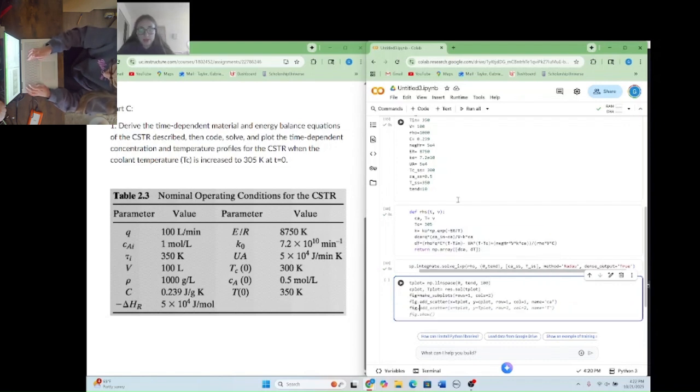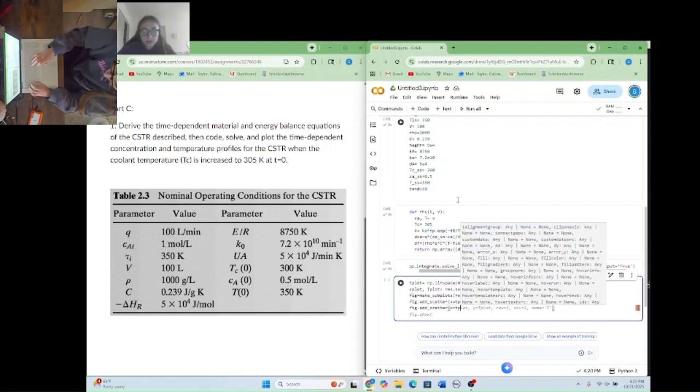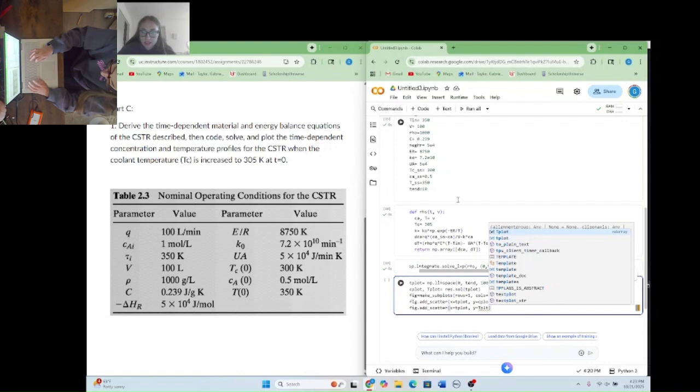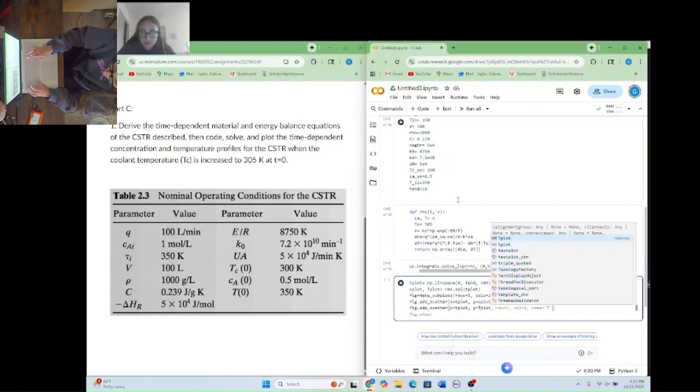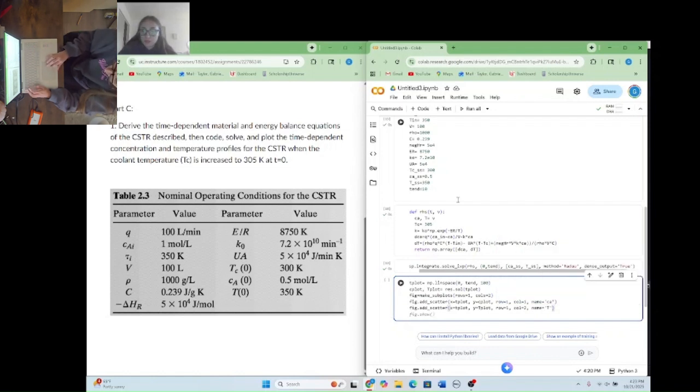Next, we're going to add fig.add_scatter. X is equal to t-plot, and our y is going to be equal to our temperature plot. Our row is going to equal 1, and our column is going to equal 2, and the name is equal to temperature. Okay.